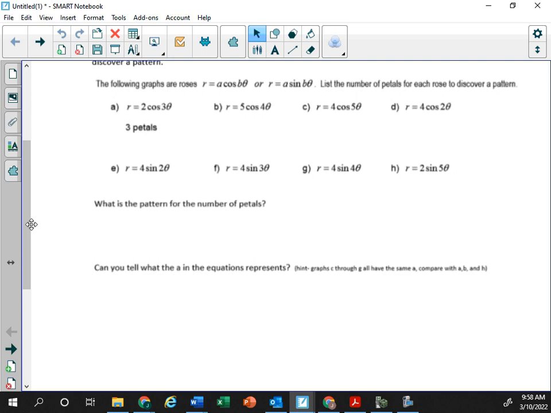Yes, the number of petals. Odd. Coefficient.